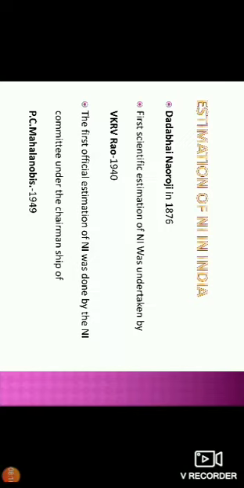And the second name is V.K.R.V. Rao, and the importance is that the first scientific estimation of national income was undertaken by V.K.R.V. Rao in the year 1940. And the next name is P.C. Mahalanobis, and this name is important because the first official estimation of national income was done by the National Income Committee under the chairmanship of P.C. Mahalanobis in the year 1949.